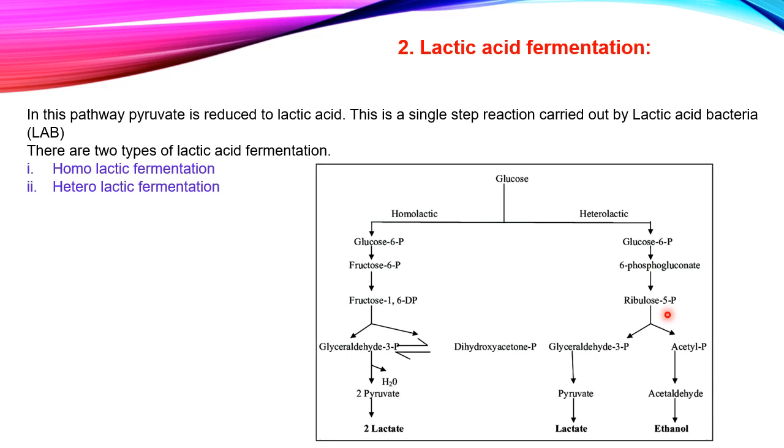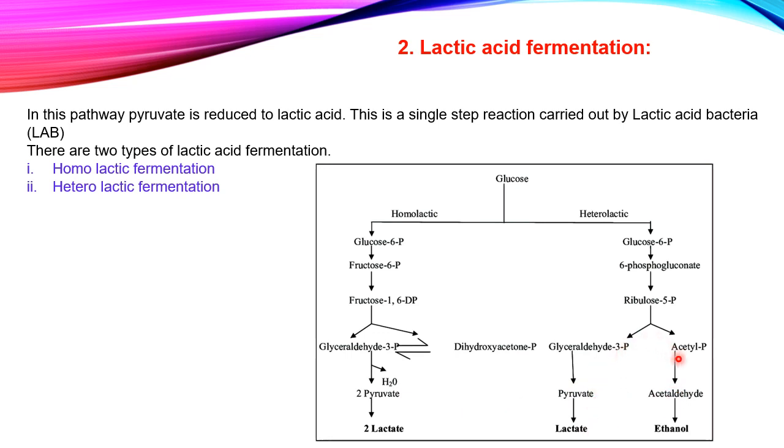This ribulose undergoes formation of glyceraldehyde 3-phosphate because of the action of various enzymes like transketolase and transaldolase. A series of reactions occur, glyceraldehyde 3-phosphate is formed, and again from here glycolysis goes on, and pyruvate is formed, and from the pyruvate the lactate is formed similarly.